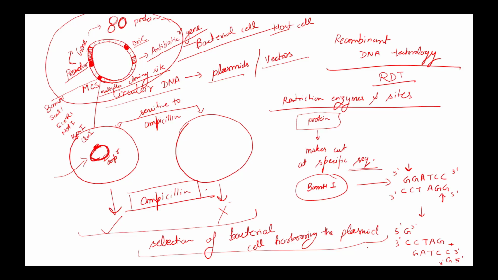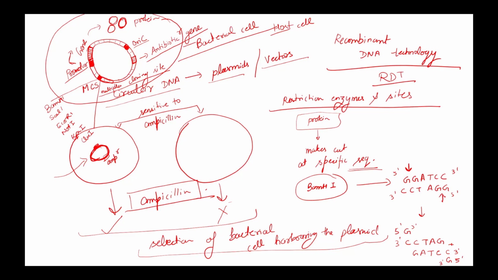Restriction enzymes are majorly of two types, type 1 and type 2. Type 1 recognizes a particular target sequence but makes a cut a little far away from that sequence, and type 2 restriction enzymes recognize the sequence and make a cut within those sequences.